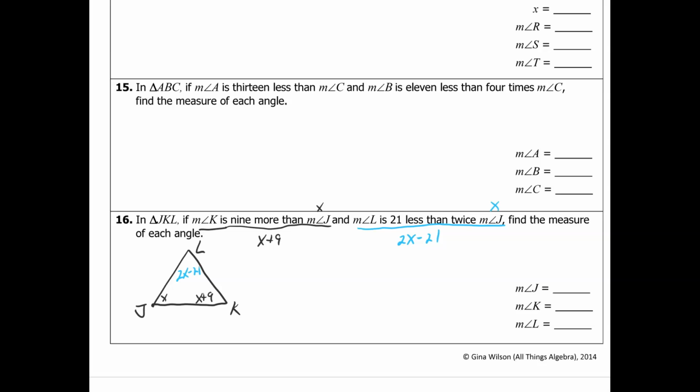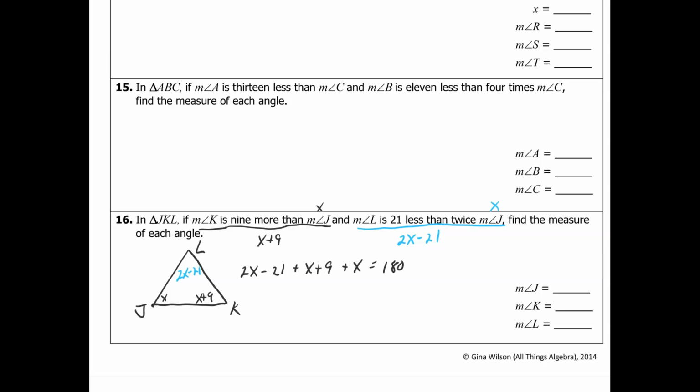All right, now I'm ready to write my equation. These three angles, which now have variable expressions, add up to 180. It doesn't matter what order I start in. I'm just going to start with the one I just found. 2x minus 21 plus x plus 9 plus x. They all add up to 180.